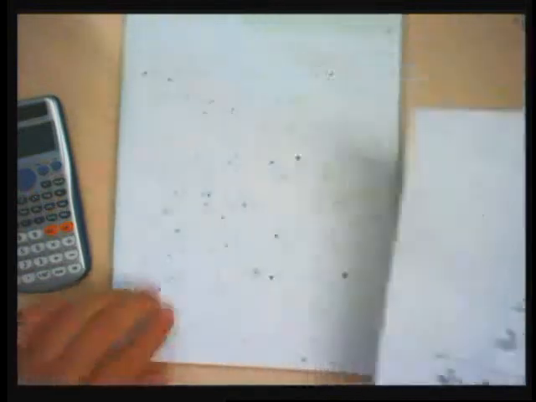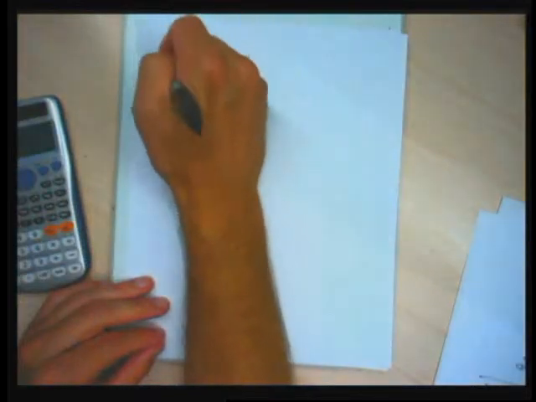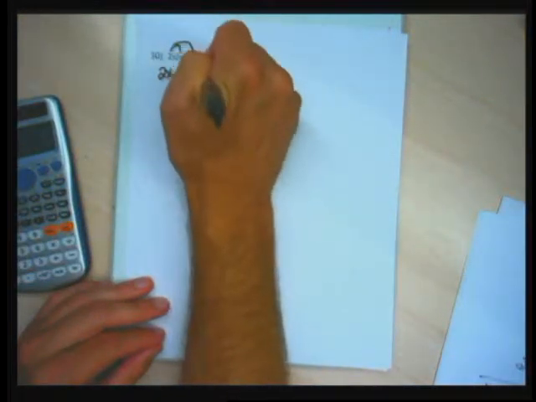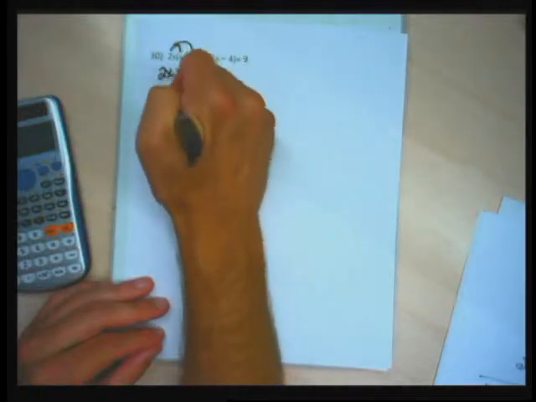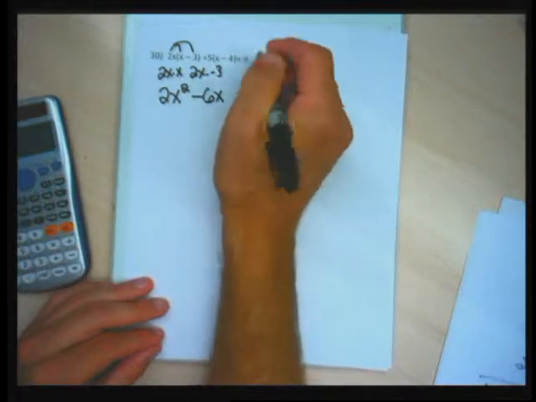Alright, 30. Parentheses are useless for the quadratic formula. I need to get rid of those parentheses and get the problem set equal to 0. So, 2 sets of parentheses to get rid of. The first parentheses, I go 2x times x, 2x times minus 3. 2x times x is 2x squared, 2x times minus 3 is minus 6x.